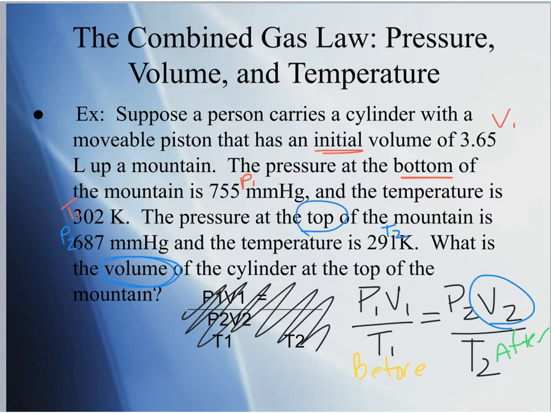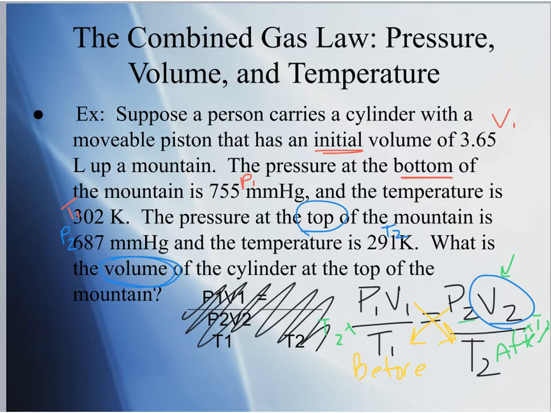So there's always more than one way to solve these types of problems. Mathematically speaking, you could either cross multiply, right? So you could do P1 times V1 times T2 equals P2 times V2 times T1, and then you could solve for V2, okay? Or you can do the whole algebra thing where you get V2 on this side by itself, by first multiplying both sides by T2, right?